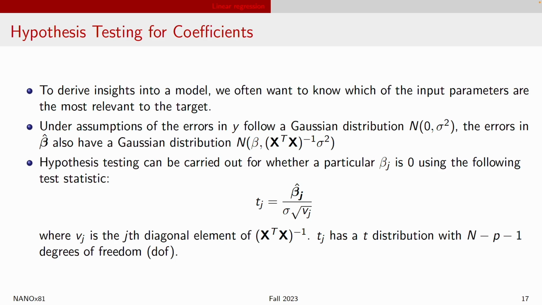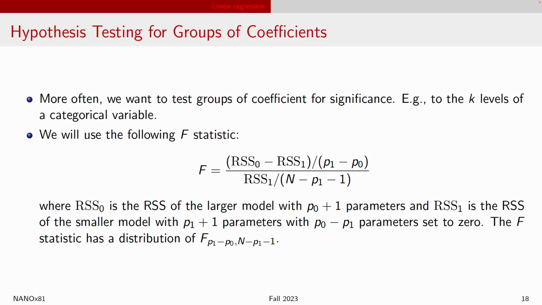This has a t distribution with m minus p minus 1 degrees of freedom. So you can look up your Student's t distribution table and do a proper hypothesis test, for example at the 95% or 99% level, to check whether that particular beta coefficient is significantly greater than 0 or not, okay? So that's one way of determining whether any of your coefficients is significantly greater than 0, all right?